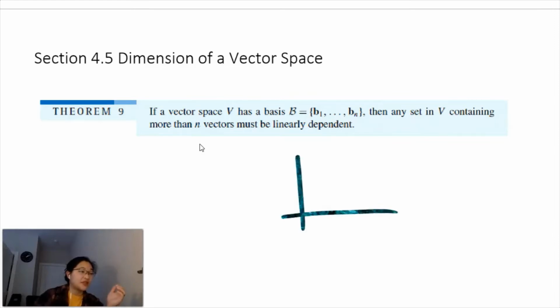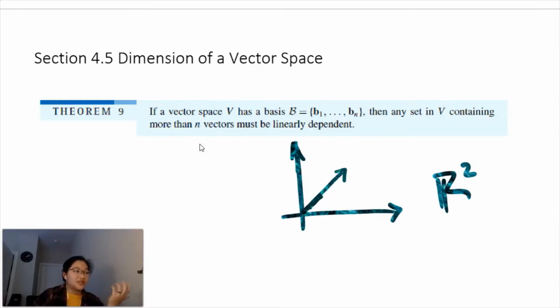If we have R2, our basis for that can be the elementary vectors (1, 0) and (0, 1). If we have another vector, that means we have more vectors than we need, and the set of all three of these vectors is linearly dependent because we can construct this one using a linear combination of our horizontal and vertical components.